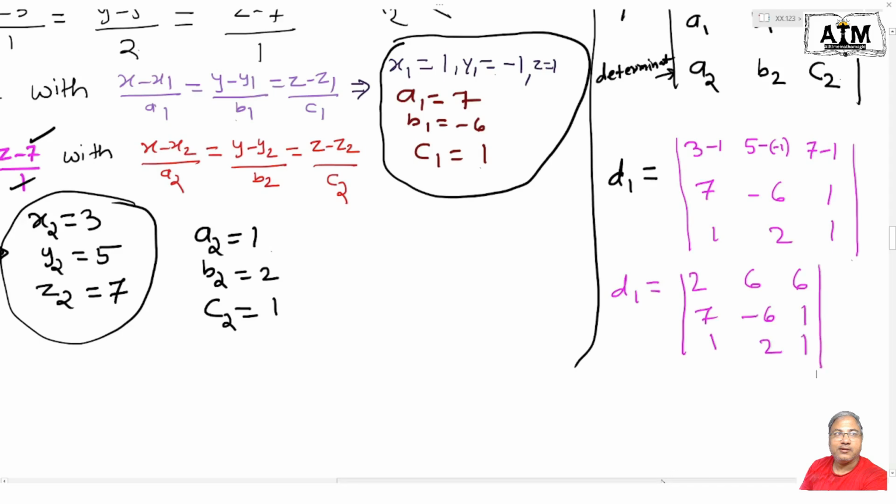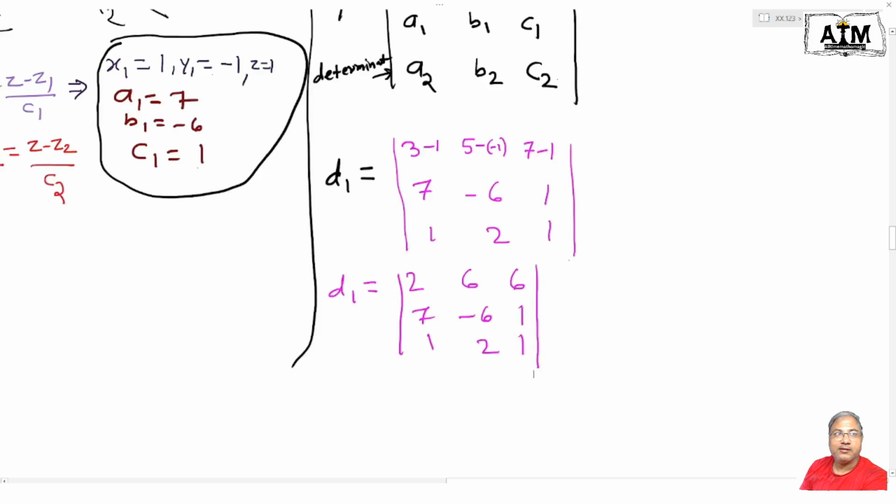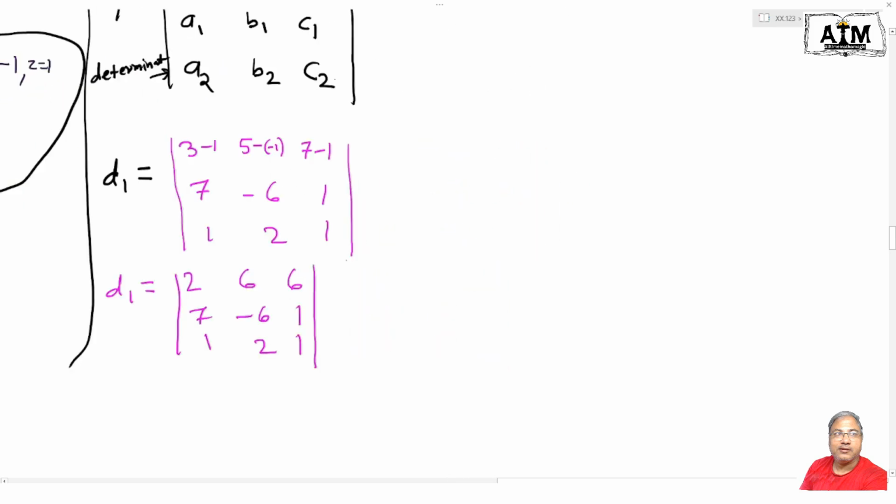The determinant value of this is 2 multiplied by (-6 minus 2), minus 6 times (7 minus 1), plus 6 times (14 plus 6).